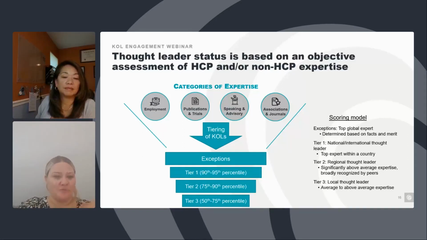So, with your clinical trial activities and with your publication activities, you really want to put a time frame on the count that you are looking at and how frequently they do these activities, because within the life sciences industry, the treatment landscape changes so quickly, and there's so much innovation that you really need to make sure you have someone who's up on the current trends on how things are currently being treated, to give you that most important input and information and insights.